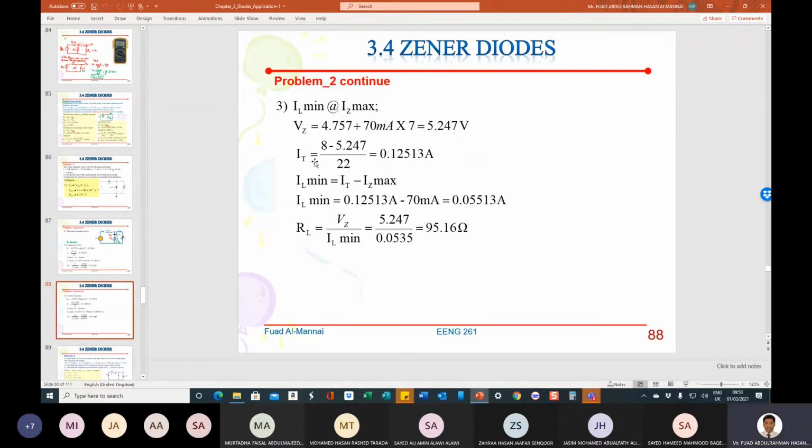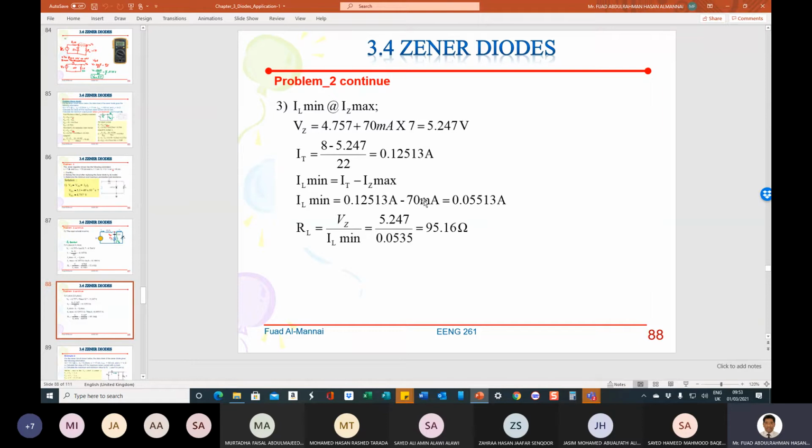Find IT, and that will give you 8 minus this voltage, 5.247, divided by 22, which gives 0.12513 amps. Okay, this is IT total. I use KCL to find IL min. IL min will be equal to IT minus IZ max.